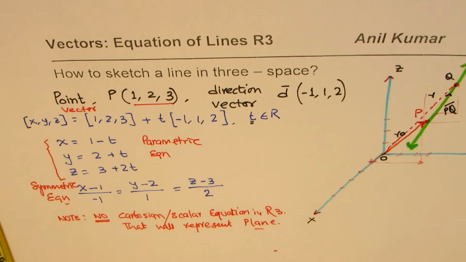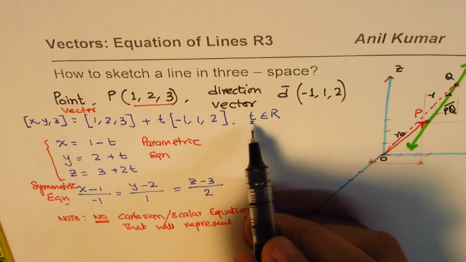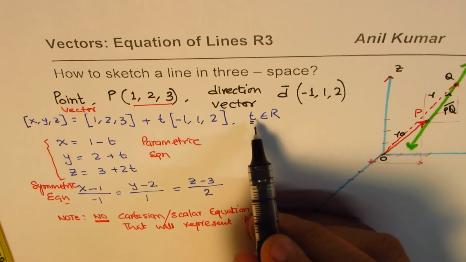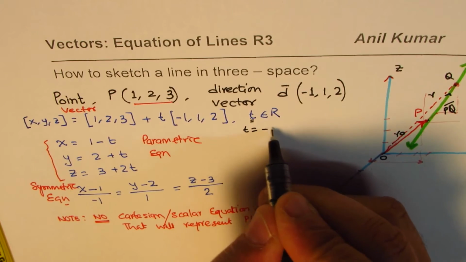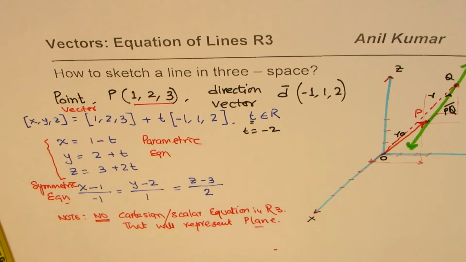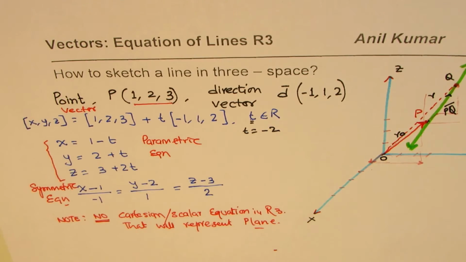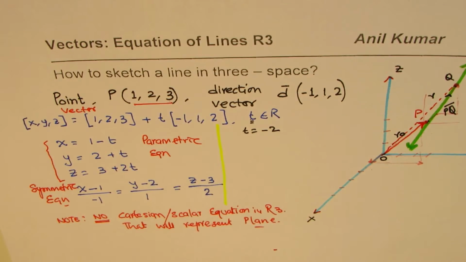Okay, so I hope you've learned how to write the equation of a line in R3 and also how to sketch it. Now let me elaborate on one more part. That is, I say t is like giving all points on the line. So if t is equal to -2, in that case what is going to be x? Let's calculate. Okay, I'm just extending this. If you want, you can close the video and move on to the next one.